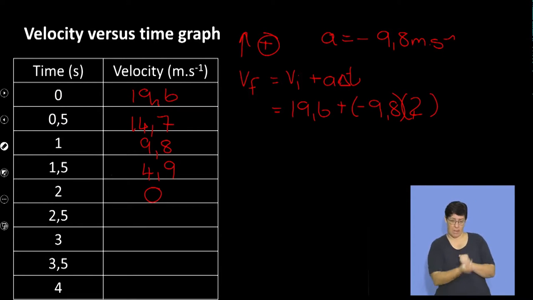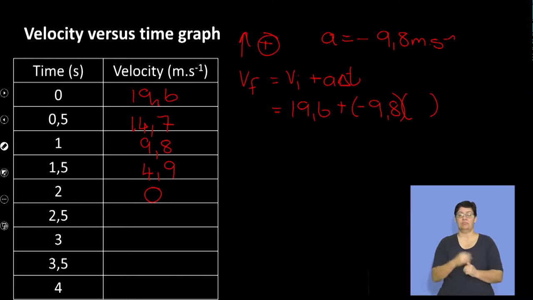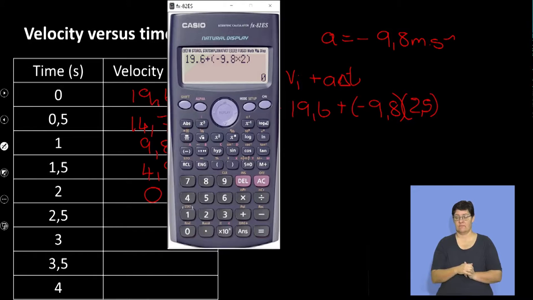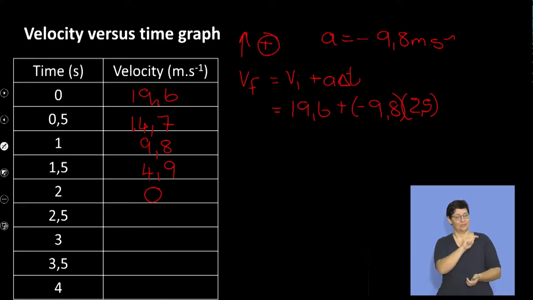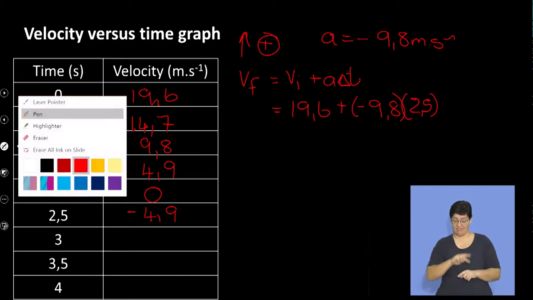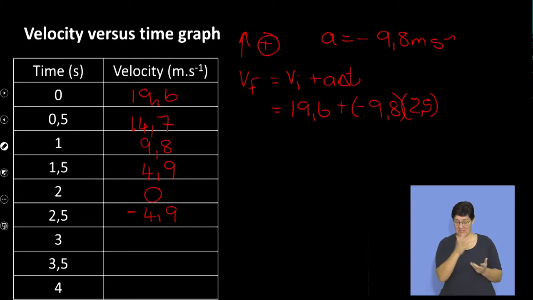So again, we're going to change that to 2.5. Let's go to our calculator. 2.5. Oh, look, minus 4.9. I'm hoping some of you can see what the trend here is going to be.